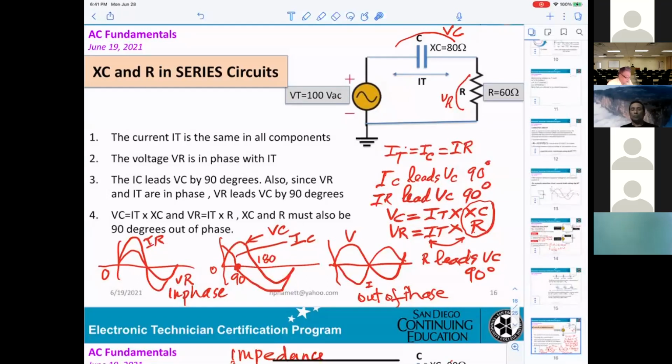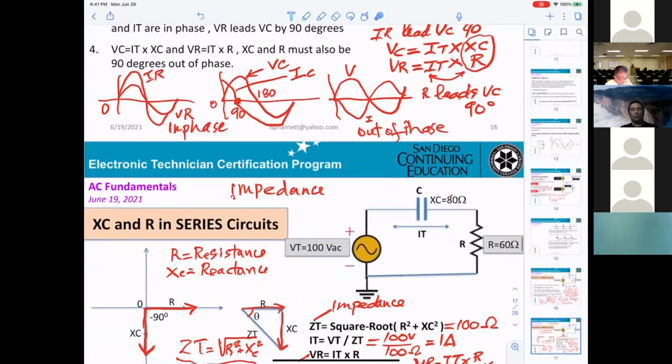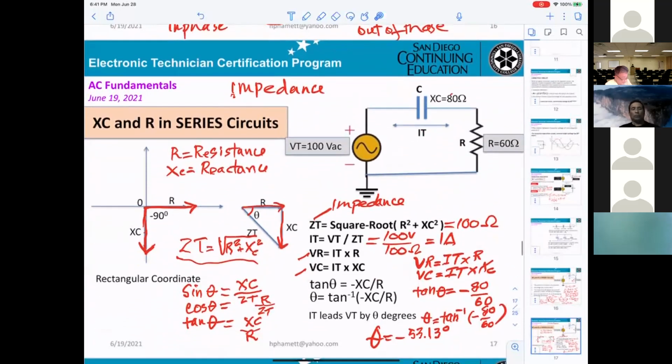Okay, so if you read it, you can see IT is the same in all. Voltage VR is in phase with the current. That means they try to explain one thing: the relation between the resistor and the capacitive reactance.